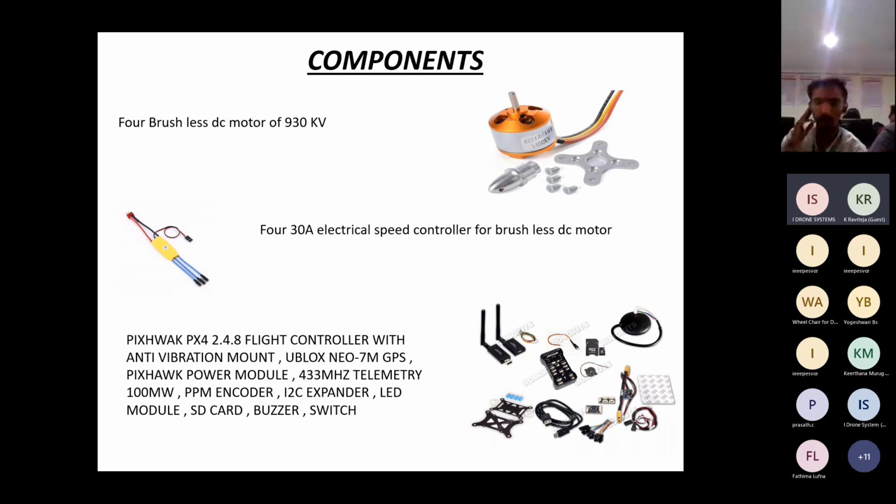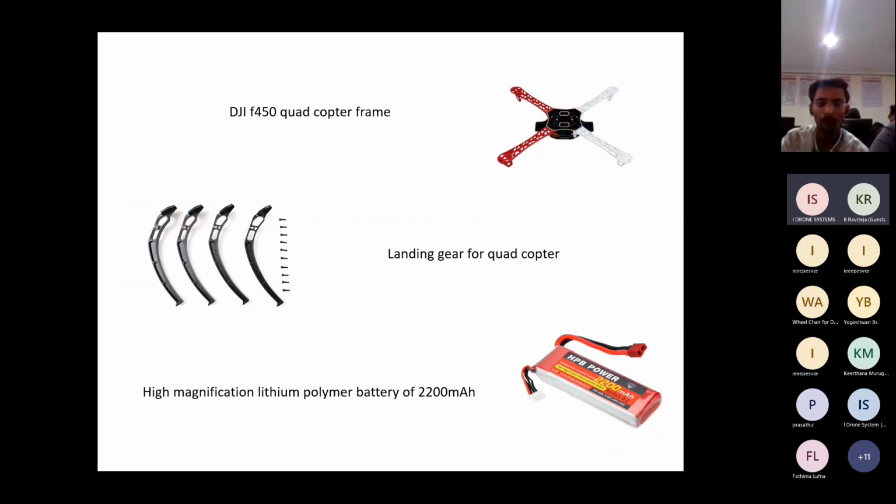We are using 4 BLDCs, and we have used an autopilot flight controller. We constructed the DJI F450 frame, and we'll be using landing gears for safe landing. Coming to the battery, we are using LiPo batteries of 2200 mAh and 11.1 volts.